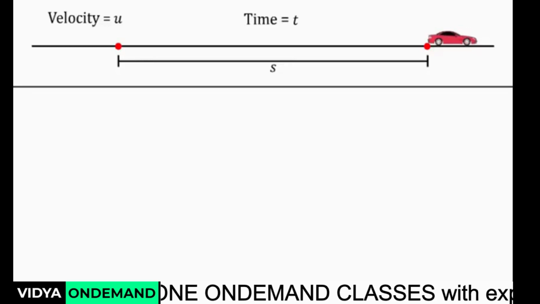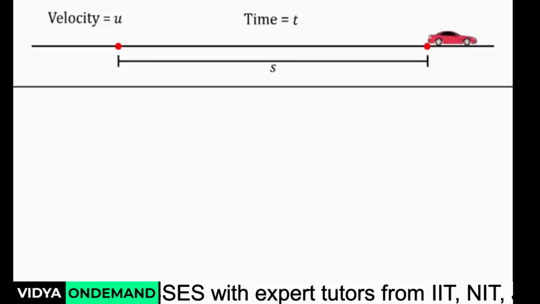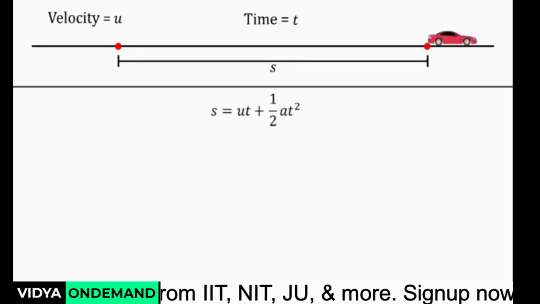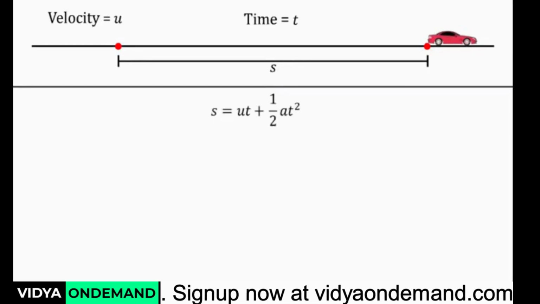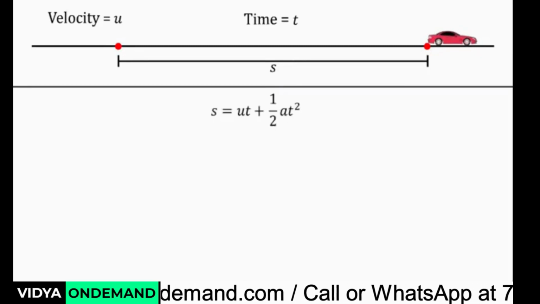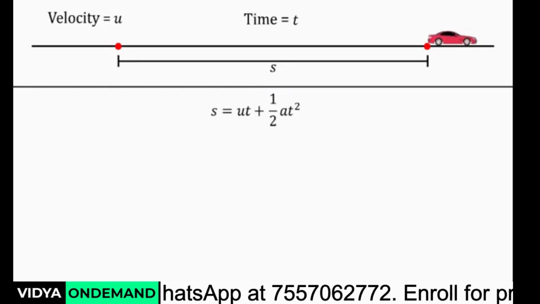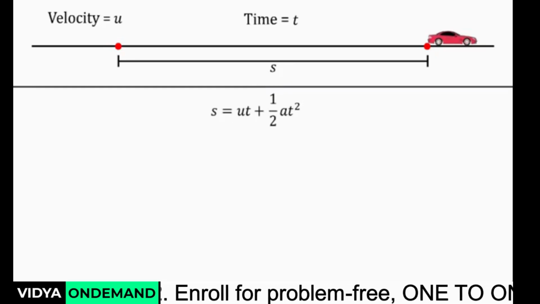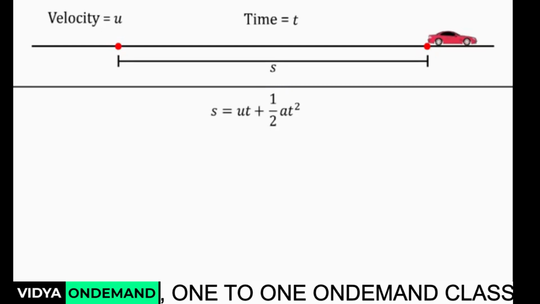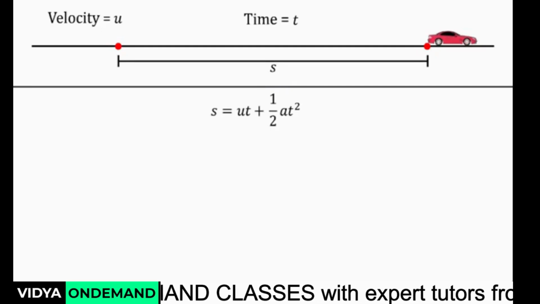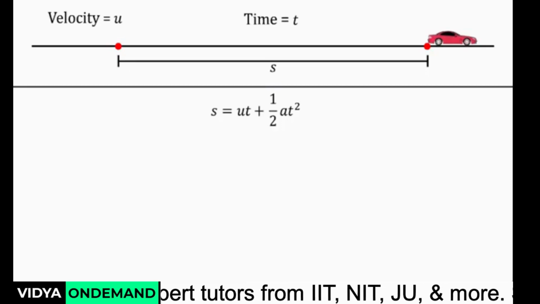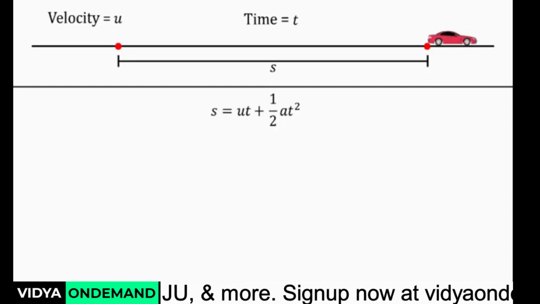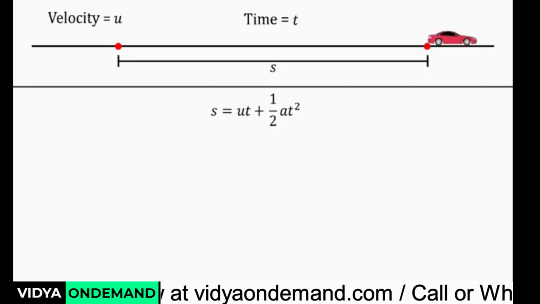For example, we cannot derive the equation S is equal to UT plus half AT square using dimensional analysis, even though we checked its dimensional consistency. Dimensional equations can be used to convert units of a given physical quantity from one system to another and to thus find the conversion factor.